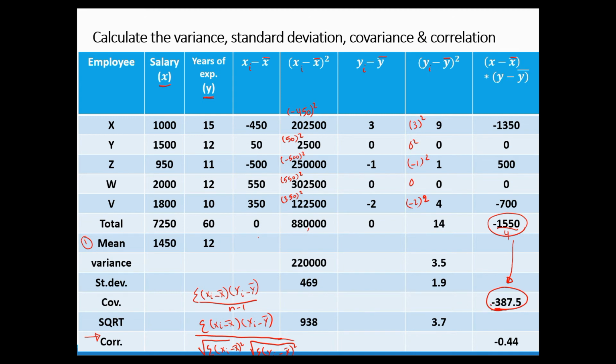So we just put this number, negative 1550, divided by the square root of the summation of the differences between xi and x bar squared, multiplied by 14.